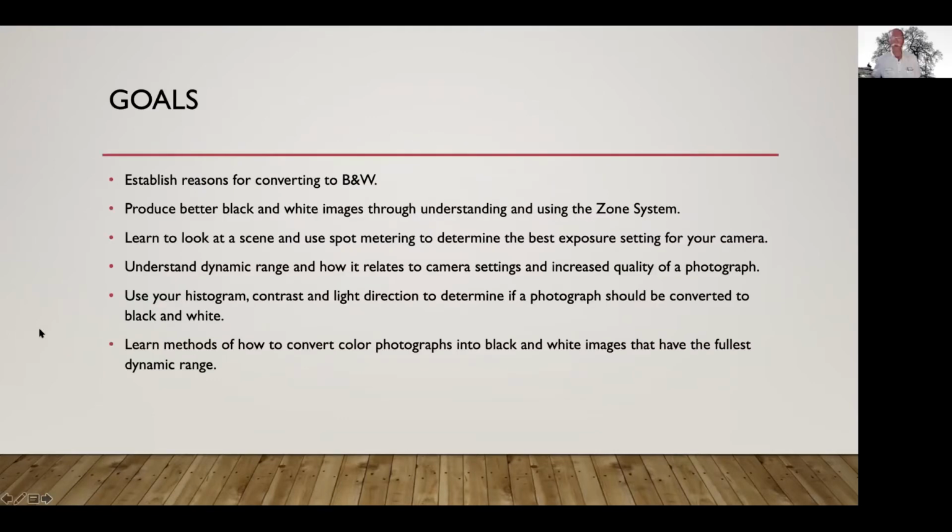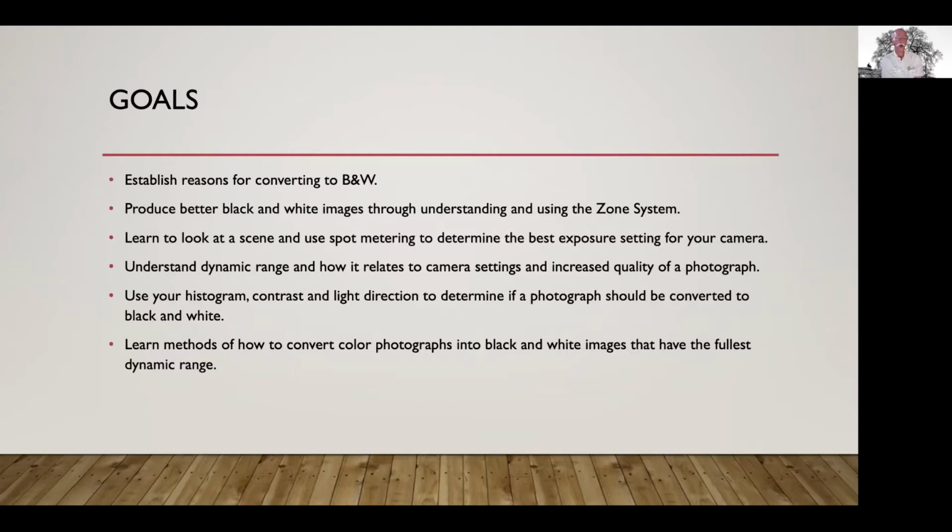Our goals are this: establishing reasons for converting to black and white, producing better black and white images through the zone system, learning to look at a scene and use spot metering to determine the best exposure settings for your camera, and understanding dynamic range and how it relates to camera settings and increasing the quality of your photograph.